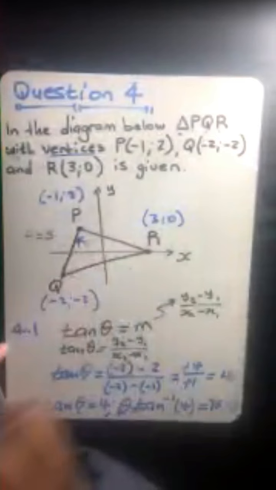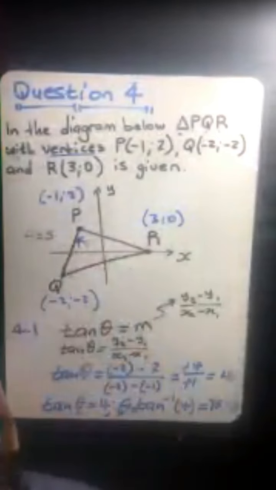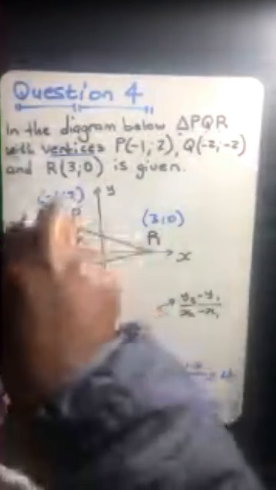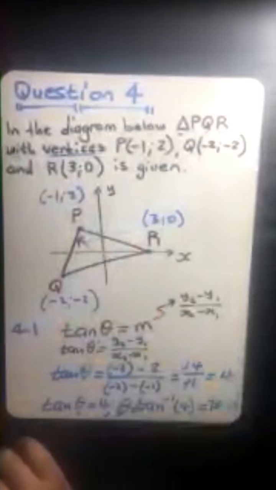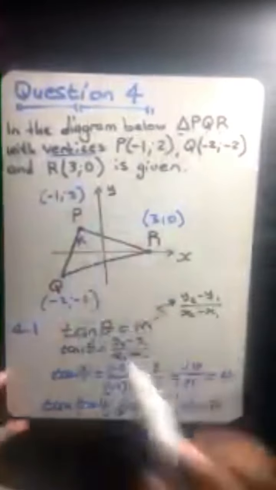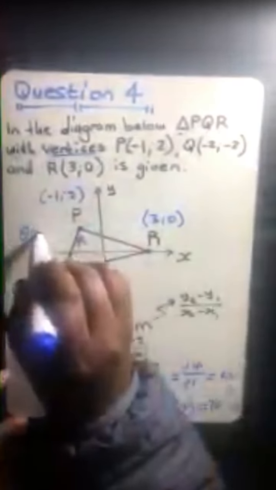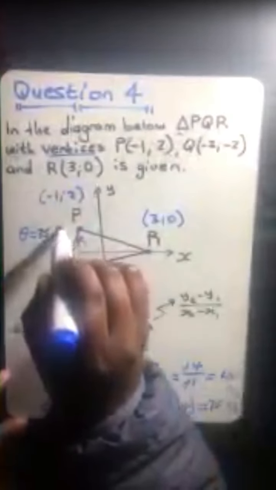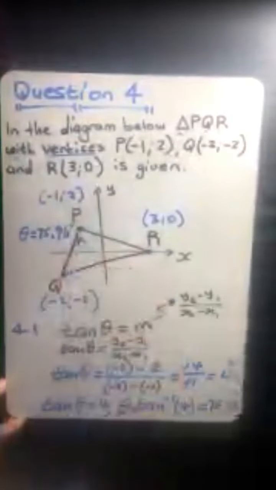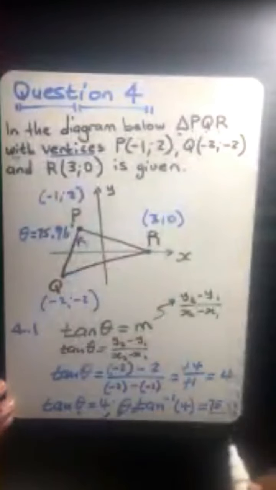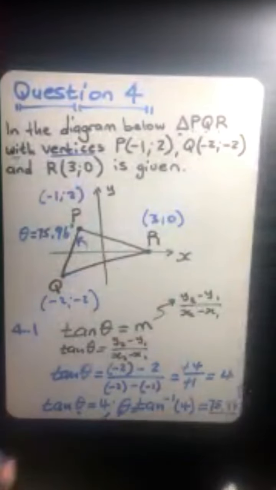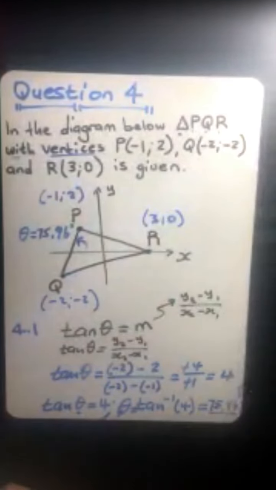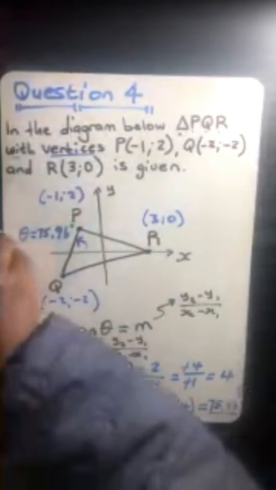Let me make sure that I write that correctly, because I want to remove all of this. So that means the angle that we calculated over there, let's say it's angle theta, is equal to 75.96 degrees. It is very important that after writing that number, you say degrees.